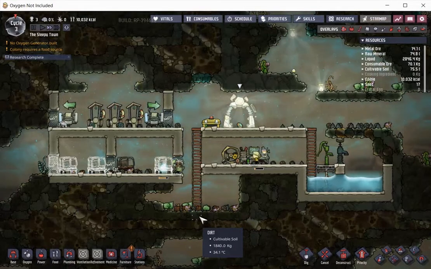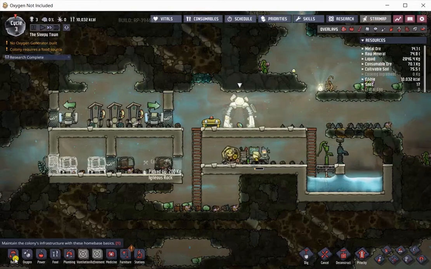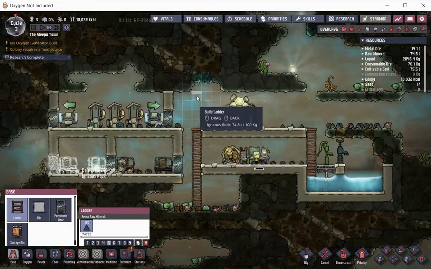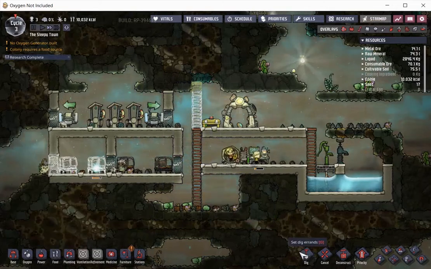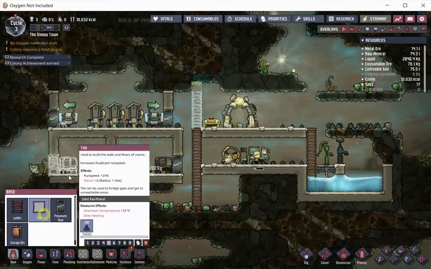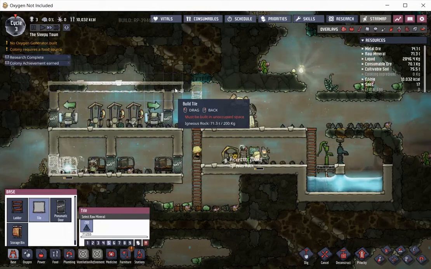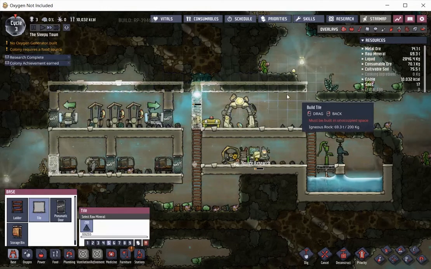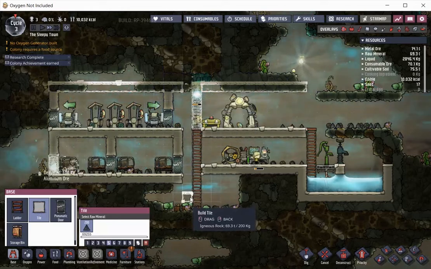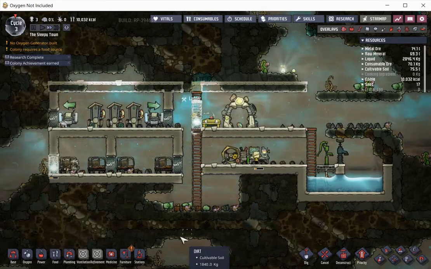I probably won't even use them. I'll put them in a container somewhere. I'm going to put this up, and I'm going to put a roof on all of this. And I'm leaving some space because later you can get fire poles and then they can slide up and down. These are very athletic people.